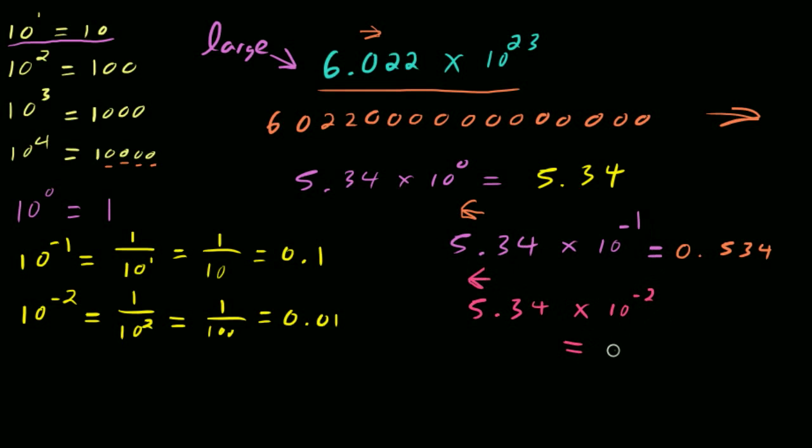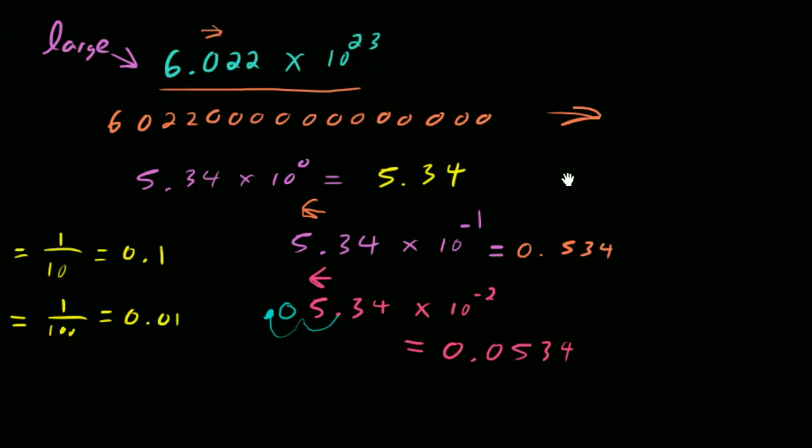So this would be equal to 0.0534, because we're taking this point and moving it here, then there, and we need another 0. So that's what it would be: 0.0534.